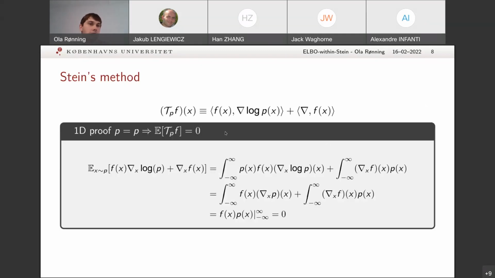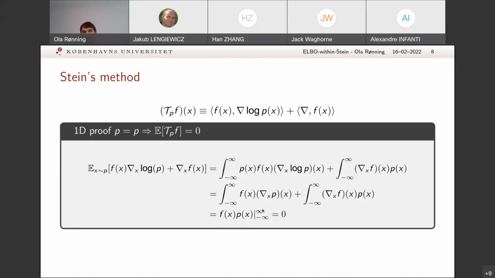So let's make it simple. Have a one-dimensional problem and set Q equal to P. Then our expectation becomes with respect to P, and we put in our Stein operator, expand it out, take the gradient, that cancels, and then if we do integration by parts on this first term, then this will cancel, and we'll be left with evaluating f(x)p(x) at negative infinity.